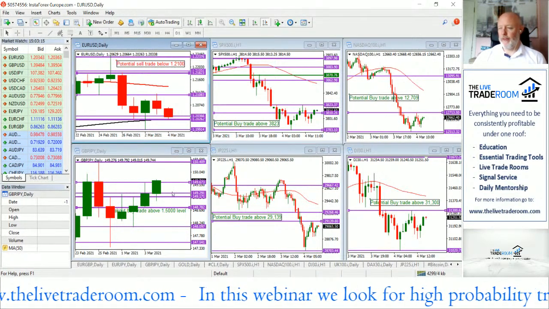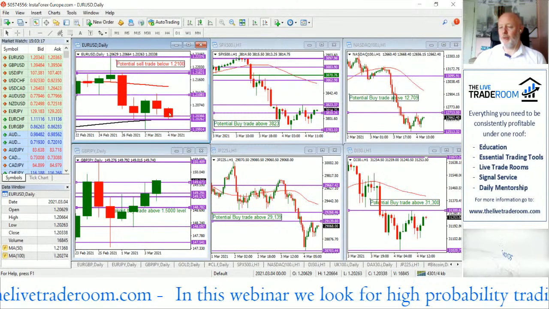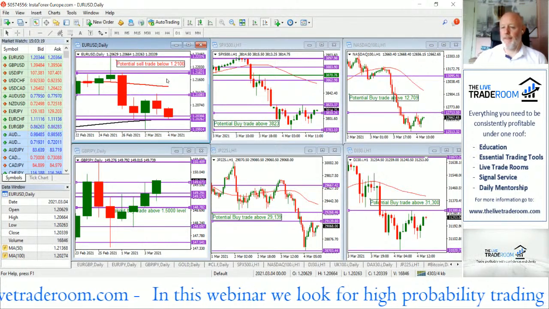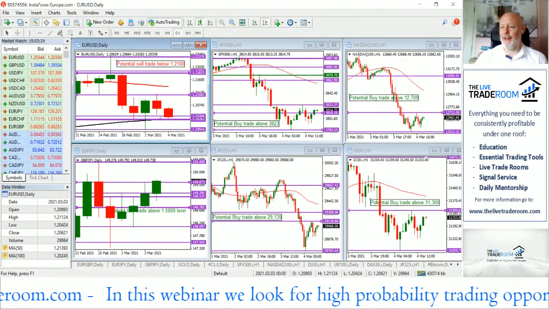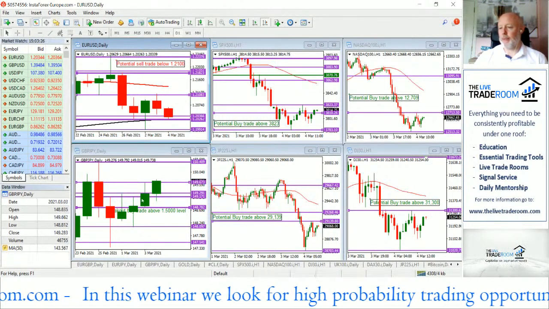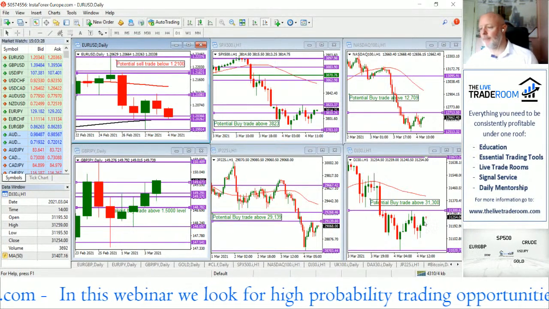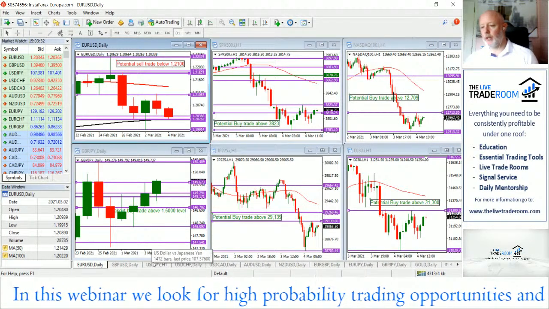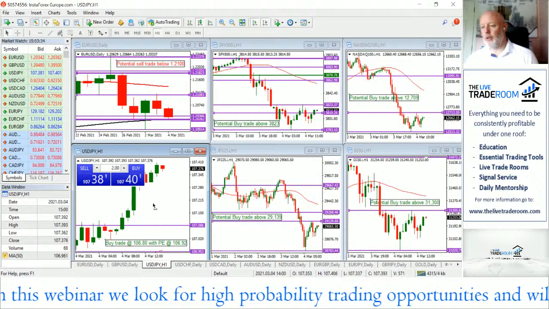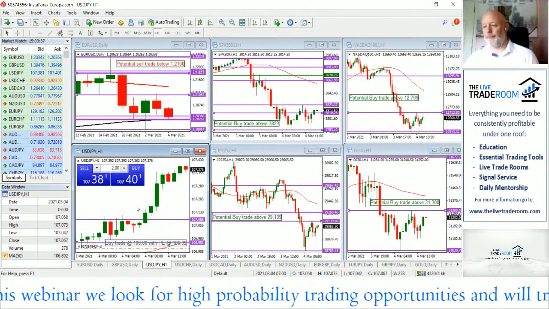We've got the 150 level just above these current highs as well. So there's probably too many reasons perhaps not to get into the pound yen. The euro dollar absolutely to the downside, and probably the biggest move of the day is the dollar yen, which we're already in.